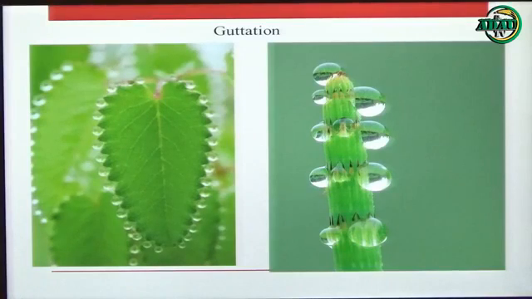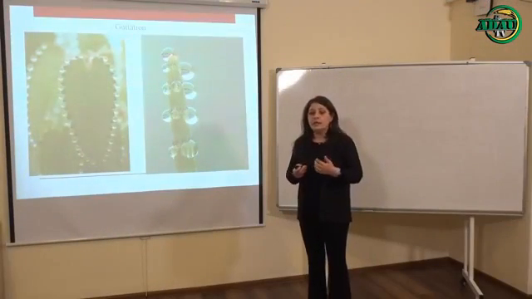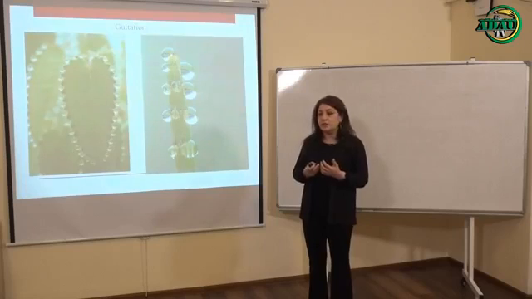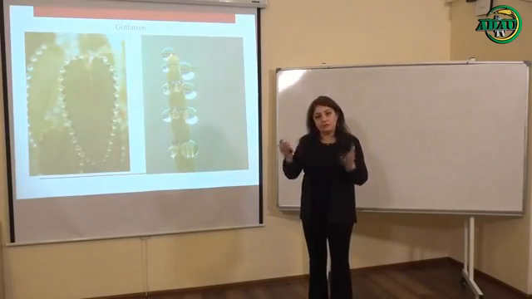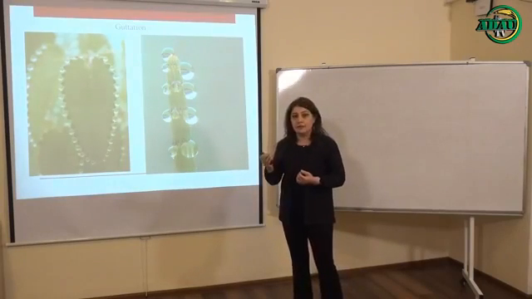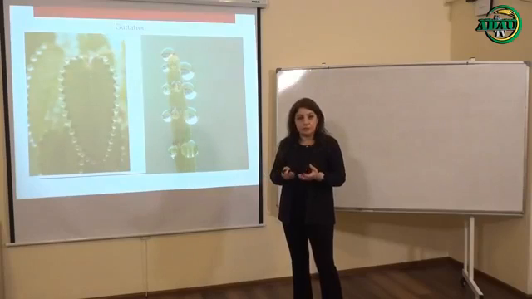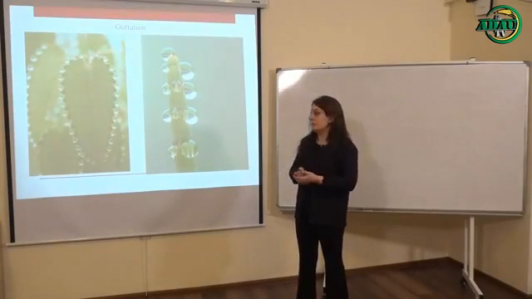And what is the difference between these two processes, between transpiration and guttation? Transpiration is a loss of a large volume of water in the form of vapor through the stomata, through the structures which are present on the epidermal cells of the leaves.